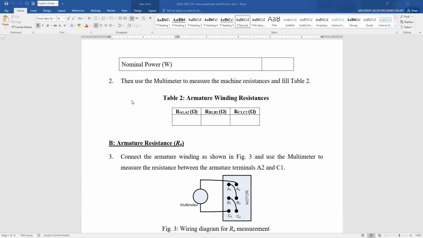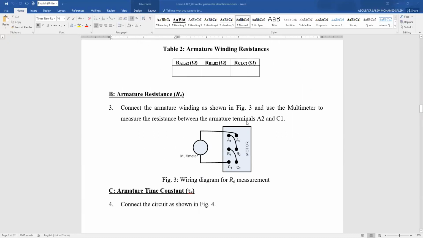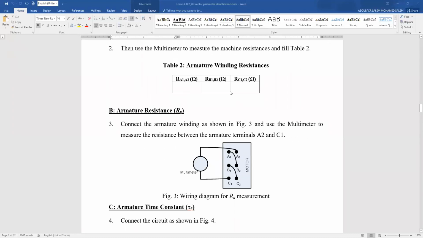Simply, we will apply the multimeter to each winding: for coil number A, between the two terminals A1 and A2, and measure the equivalent resistance of winding number A. The same applies for windings B and C. This is the first task.